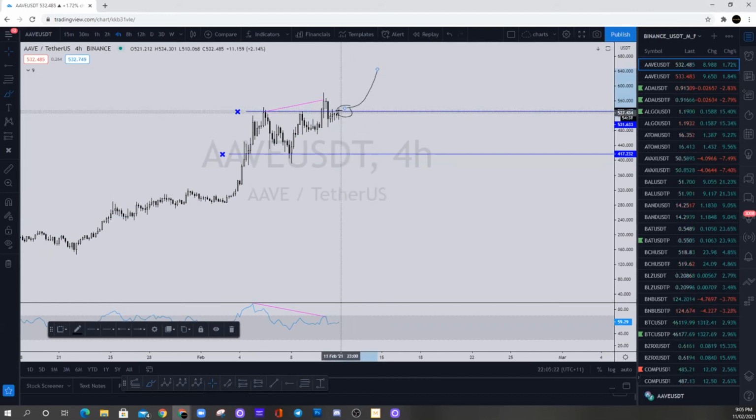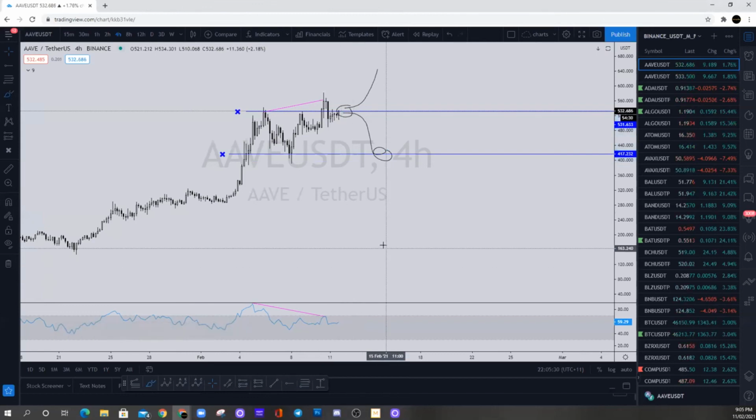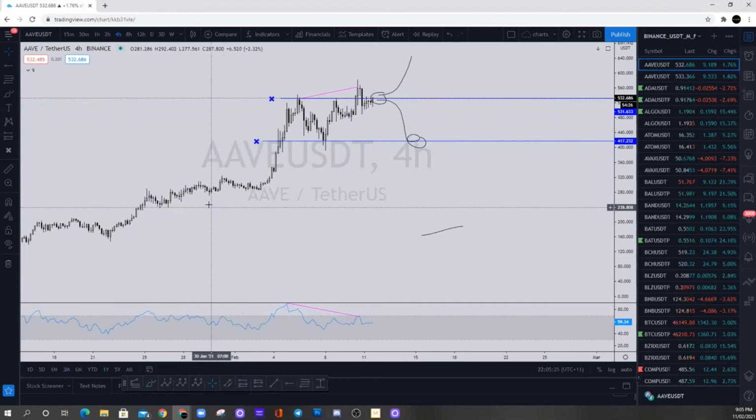At the moment, I'd be looking for support around here. You can see the pink lines there, a bit of bearish divergence with the RSI, the relative strength index. At this point, I would simply say that you're probably looking around 417 for support before a continuation up.